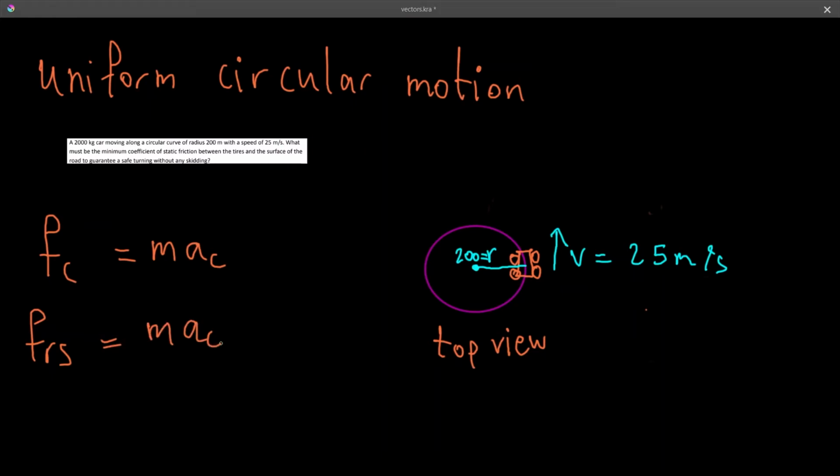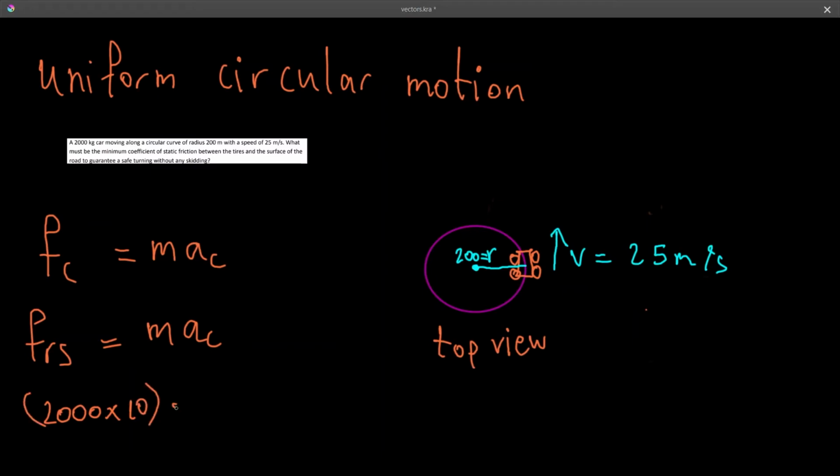Now, what is F_rs? We know that static friction is equal to the normal force times the coefficient of static friction, and in this case it wants the minimum coefficient of static friction. So we're just going to say the normal force, which is going to be 2,000, which is the mass, times gravity. We can say gravity is 10 for ease of calculations.